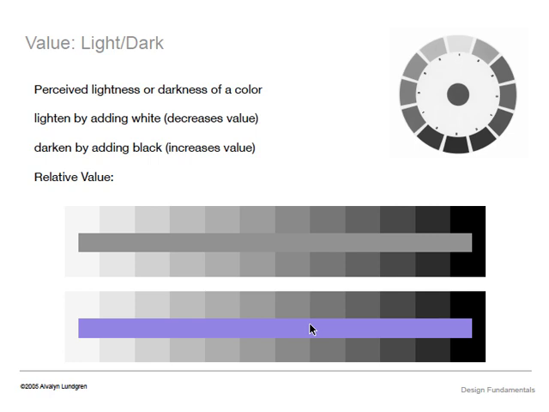Value is a property of color, a characteristic of color. I've taken the hue circle and changed it to grayscale, taken all the chroma out, and so you can see the gray equivalents of yellow, of violet, of blue-green, of red-orange, yellow-green, and red-violet, and so forth.